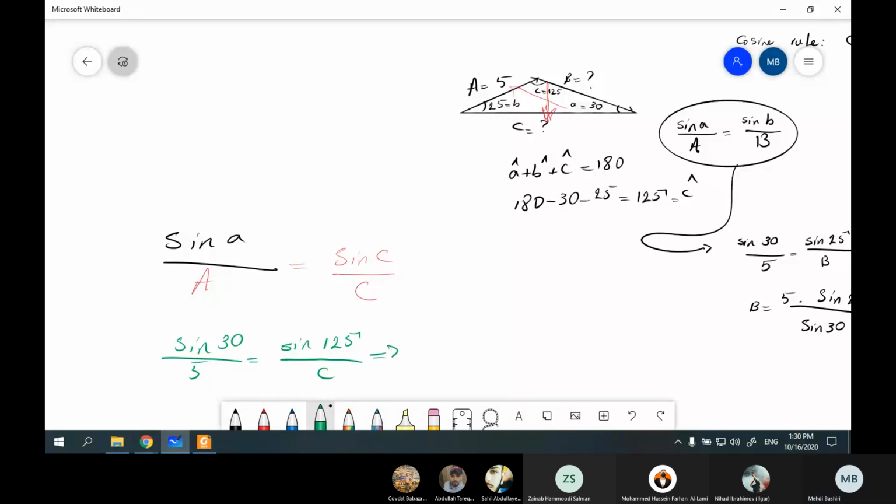Okay, C is equal to 5 dot sine of 125 divided by sine of 30.